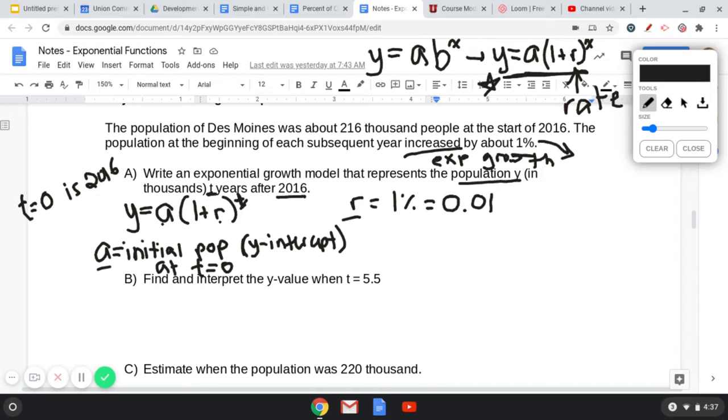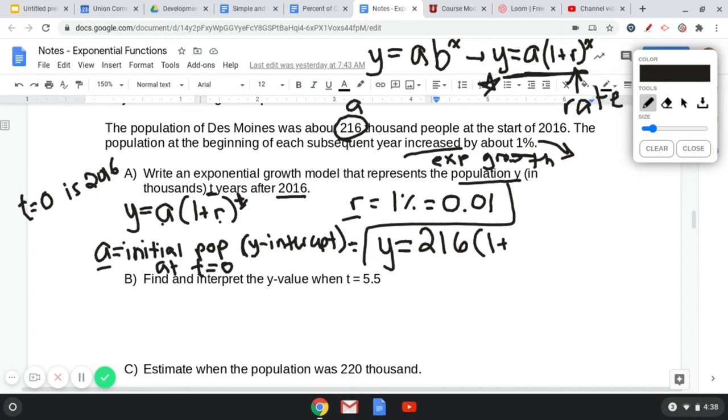So our initial population is 216. So this is our a value up here. Now, our equation is y, our population, equals our initial population when time is 0, which is 216,000. But remember, our population is in thousands, so I can just write 216, and I know that that number represents 216,000.